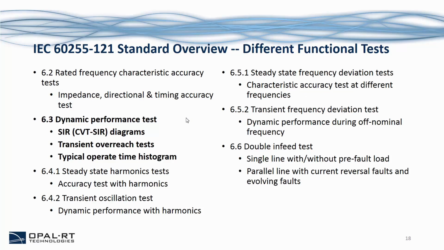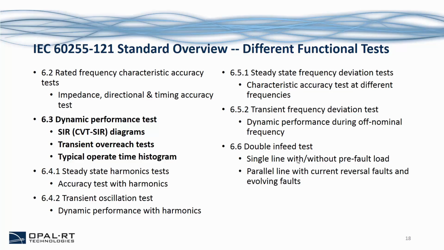So here it lists the different functional tests defined in the standard. Basically, the tests include both the steady-state tests and dynamic tests. In all the dynamic tests, it is required in the standard that a power system model needs to be simulated just to generate more realistic test cases.